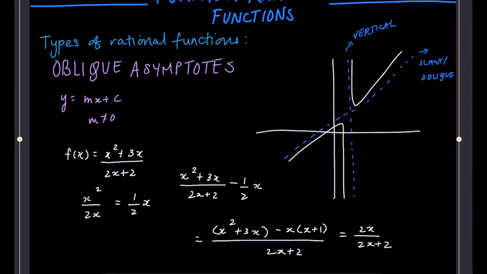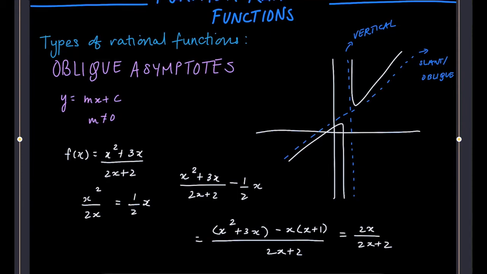And so this difference is a quotient of two linear terms. We can multiply both the numerator and the denominator by 1 over x to investigate the values as x approaches infinity, which is kind of what we're looking at when we're looking at oblique asymptotes.